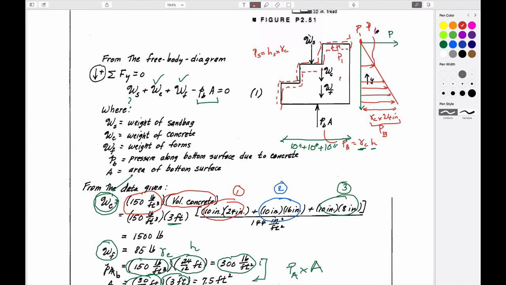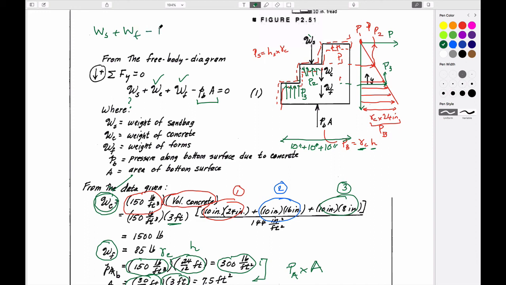The pressure on step 2 is this magnitude, which is acting up here. And the pressure on step 3 would be this magnitude here, and that would be acting here.